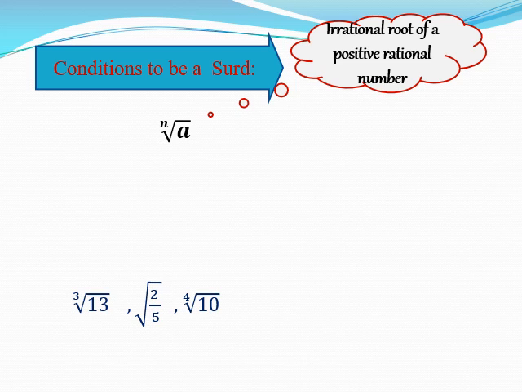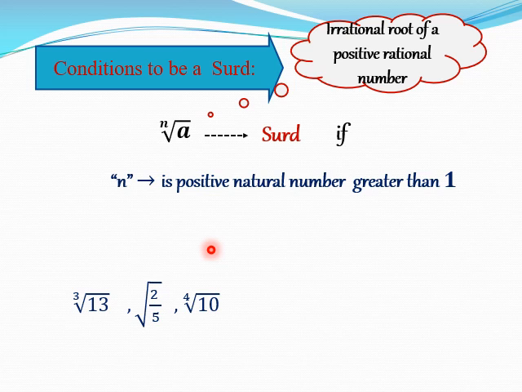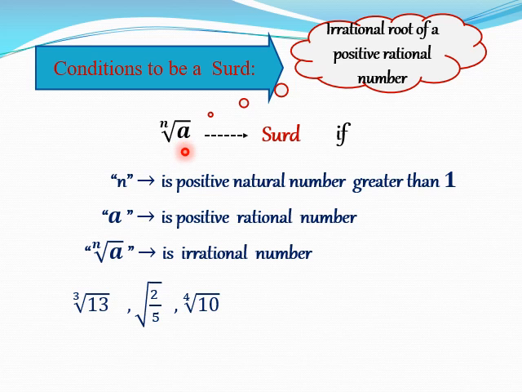As we have learned, only irrational root of a positive rational number is a surd. So keep in your mind, nth root of a is to be a surd if n is positive natural number greater than 1 and a, that is the base or radicand, is positive rational number.